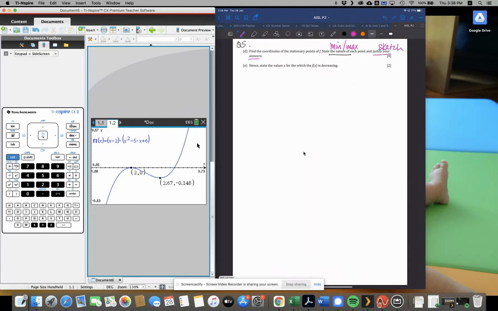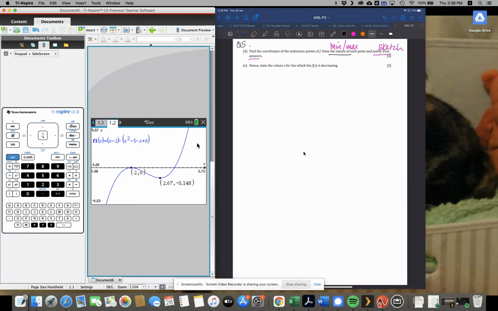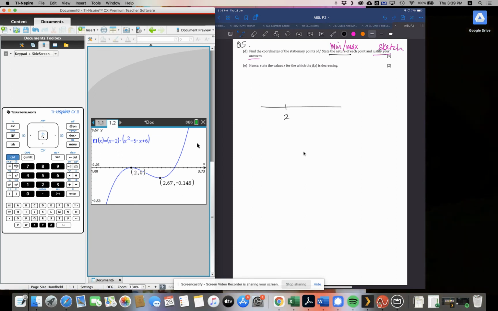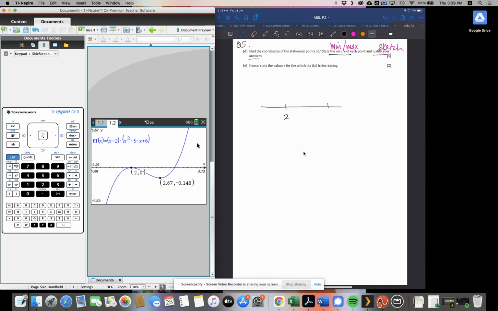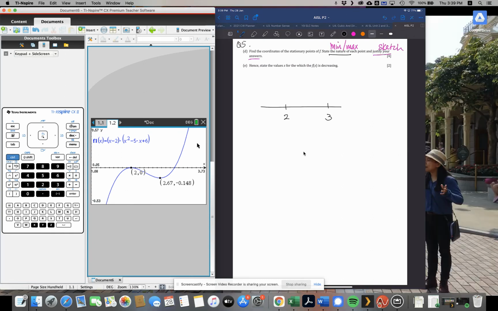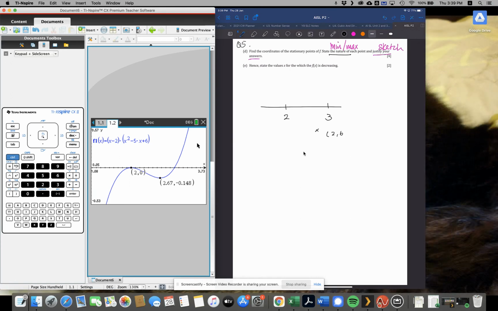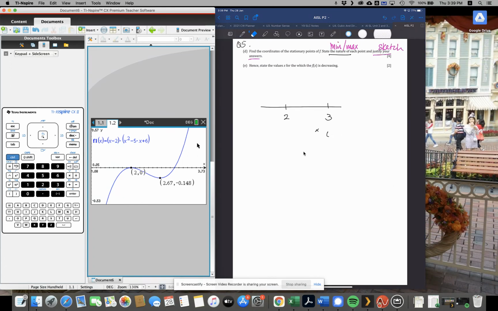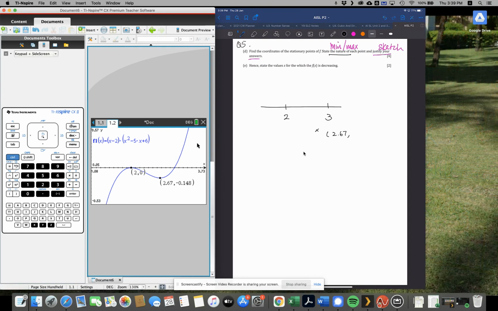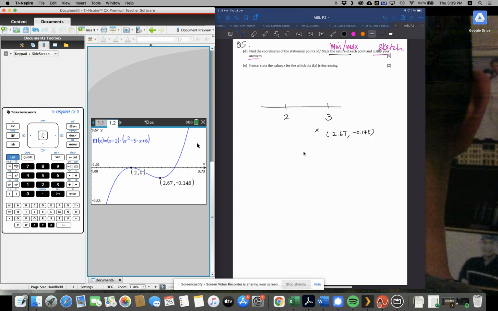Let's draw the sketch. So we have this, we have the 2, we have 3, 2.67 is right there. So because you don't have the y-axis, it would be better that we state the coordinate point. And then we have another 2, 0 here.